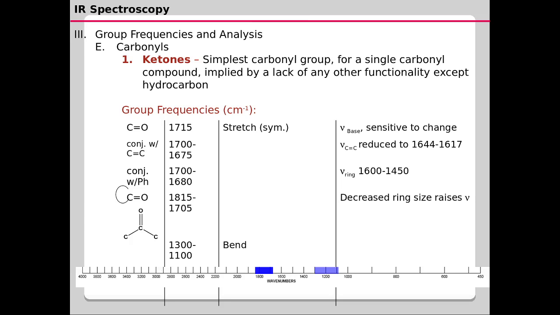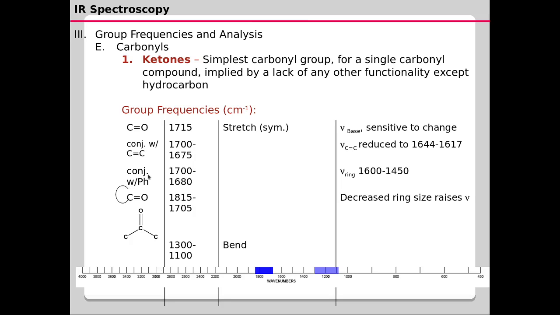Okay, so when the conjugation is extended for the carbonyl functional group, the frequency reduces to a range between 1675 centimeter inverse and 1700 centimeter inverse, and it's the same frequency range for carbonyl functional groups in conjugation with the phenyl ring.